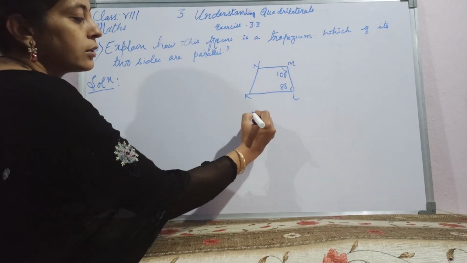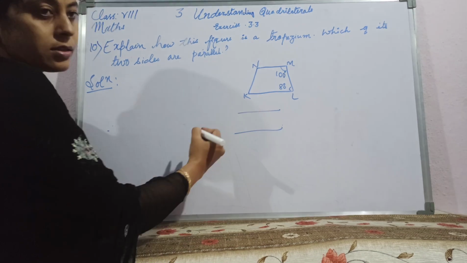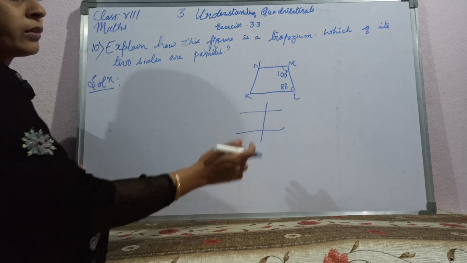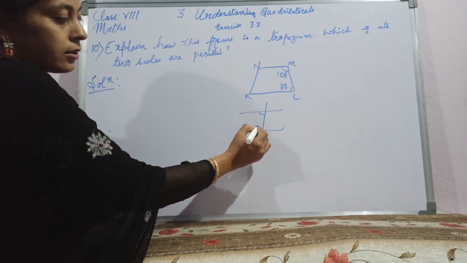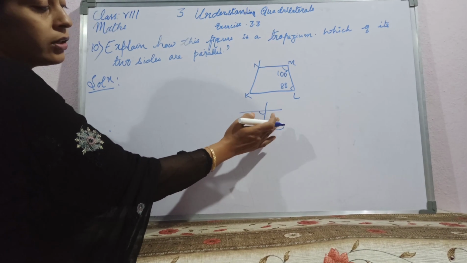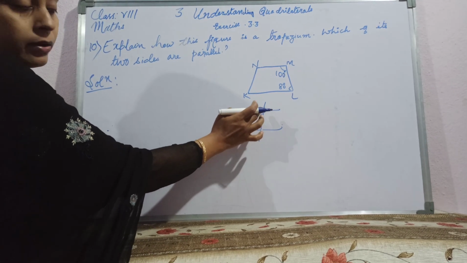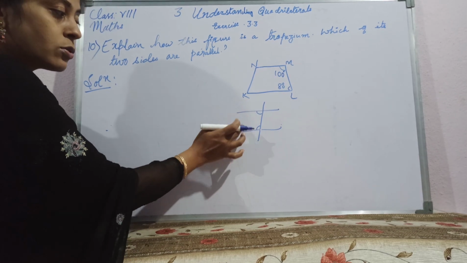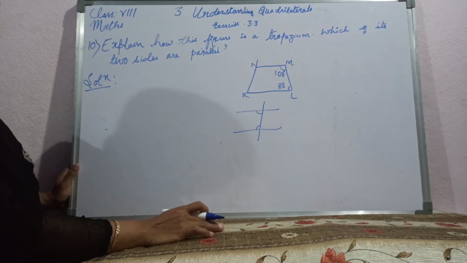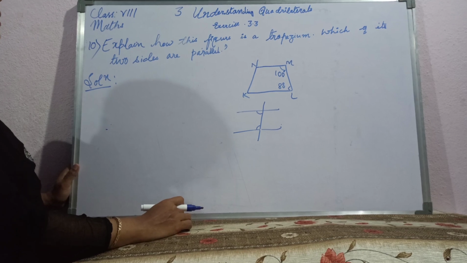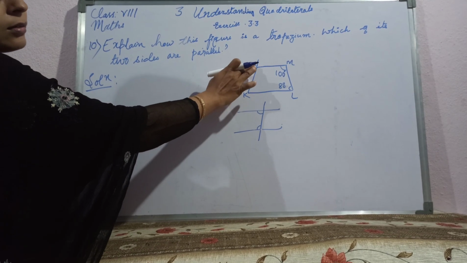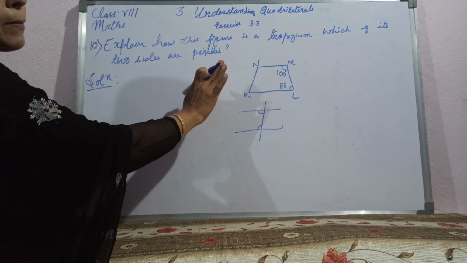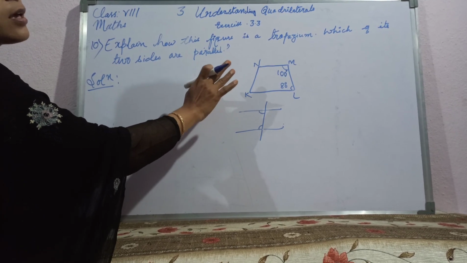You know very well about any two lines, if a transversal passes through them, and the interior angles on the same side of the transversal together are supplementary, then we can say that those two lines are parallel to each other. Let us see in this case, which of the two lines of this figure are parallel to each other.